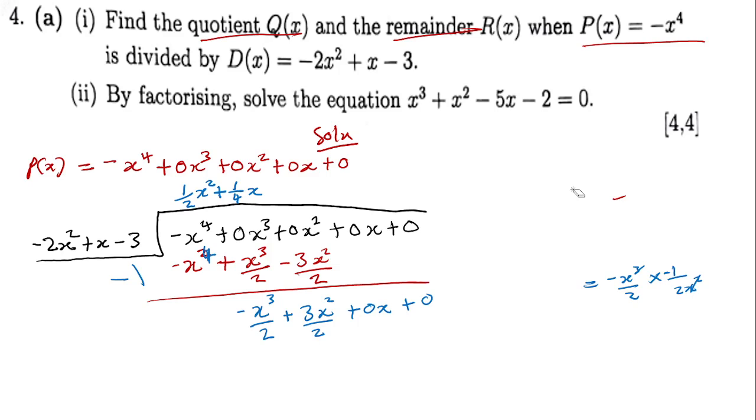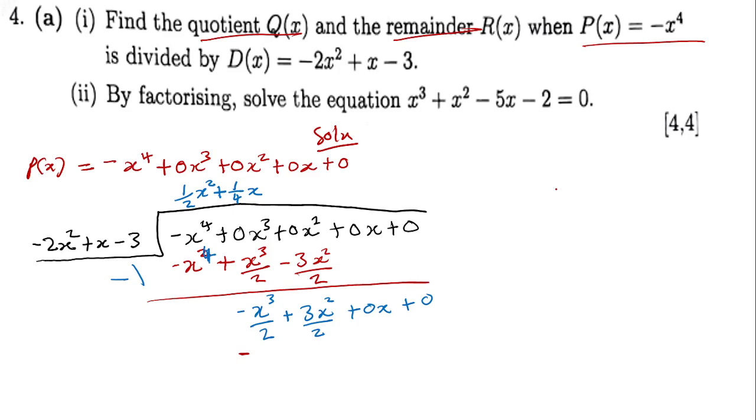So this one times that one is going to give me 1 over 4x times negative 2x squared.